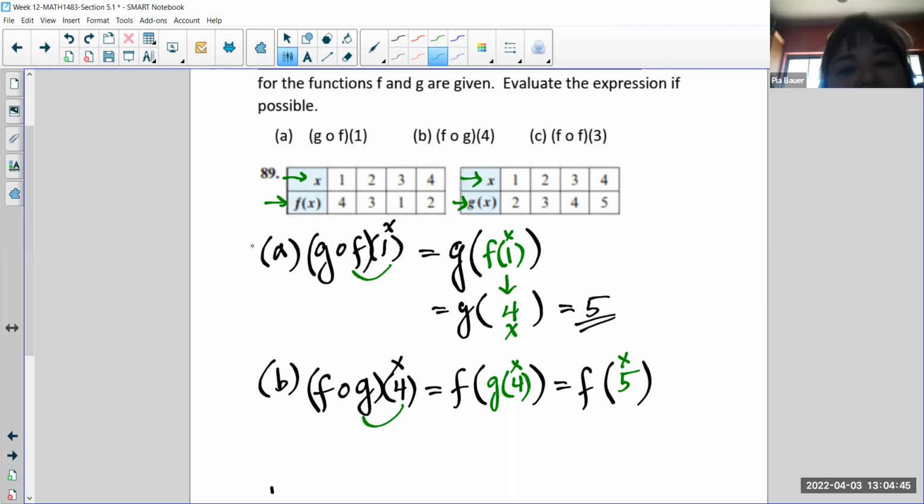So I don't think that we can actually answer this because there is no X. It cannot be found on the table.